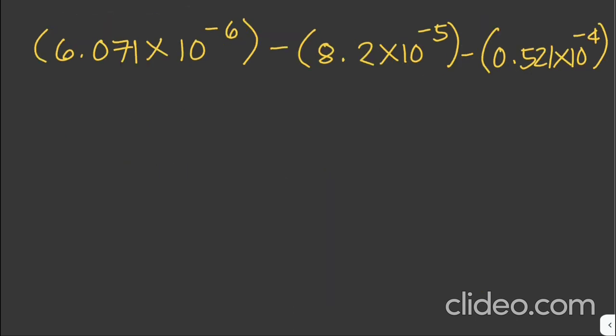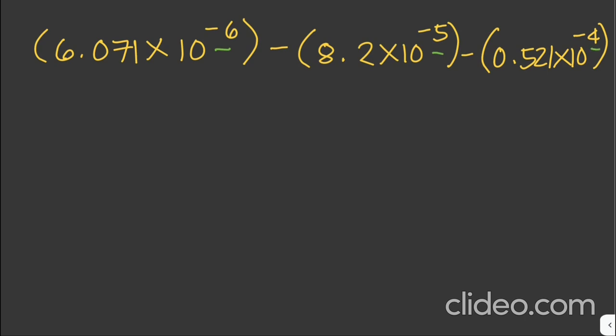Okay, how about we're given this problem here. We subtract 6.071 times 10 to the negative 6 minus 8.2 times 10 to the negative 5 minus 0.521 times 10 to the negative 4. We notice here that the three numbers have different exponents of their bases: negative 6, negative 5, negative 4.